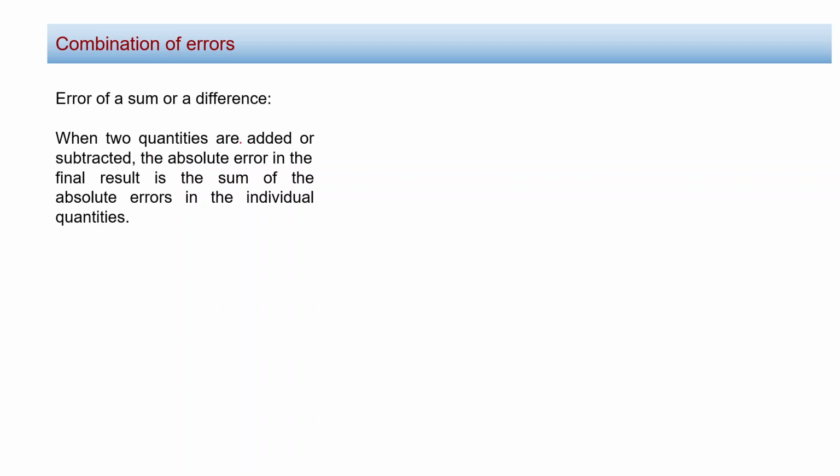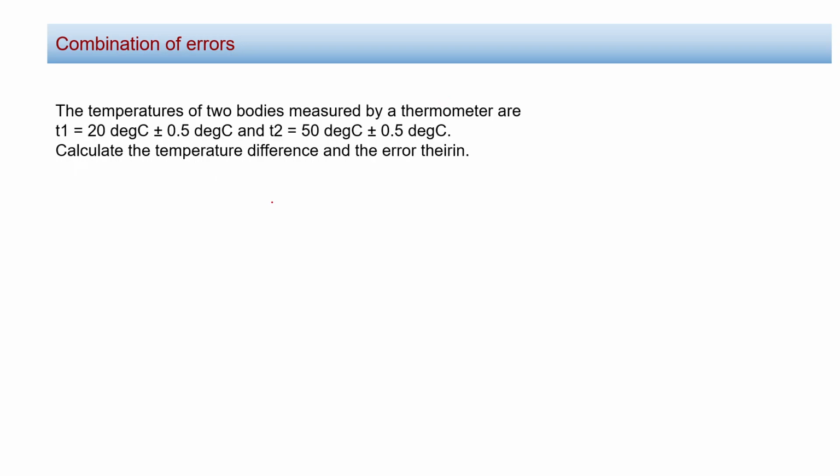Let's do this in one example. The temperature of two bodies measured by a thermometer are T1 and T2. These are the two different temperatures for two different bodies, and we have to calculate the temperature difference between them and the error in that final reading.